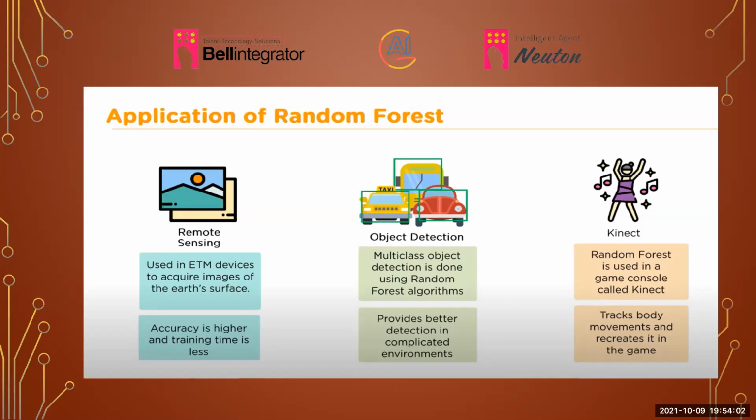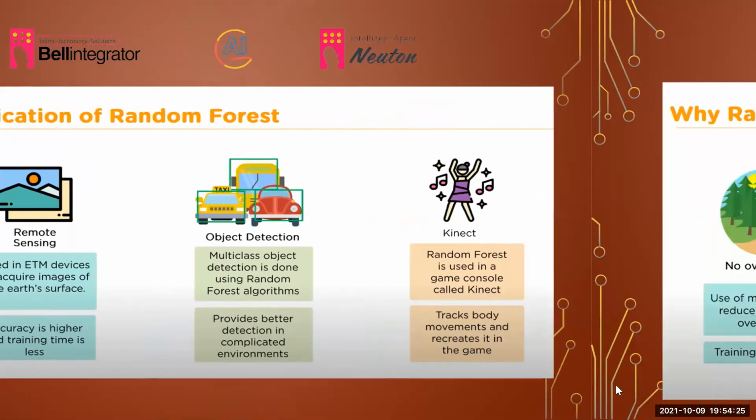Another is Kinect, the Xbox game console. It tracks your body movements and predicts if you're saying hi, or dancing, or making some gesture. These kinds of applications are for random forest.